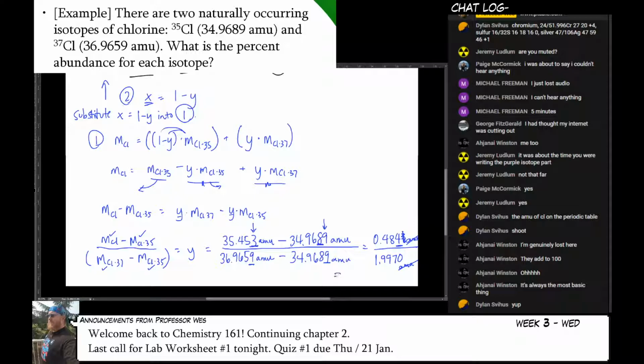And so I will get a percentage, 0.484 divided by 1.9970. I have 3 sig figs divided by 5 sig figs. So my answer should be 3 sig figs. So I got 0.24236. Which we're going to report like that.